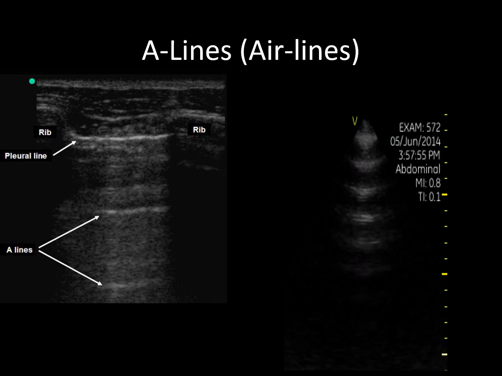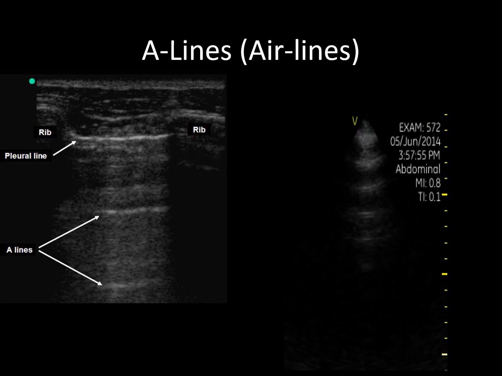A-lines are horizontal repetitions of the pleural line at precise distances. These artifacts signify air deep to the pleural line. They can represent normal lung, the lungs of patients with airways diseases such as asthma or COPD, or pneumothorax. The pleural air interface is a strong reflector of ultrasound beams. To the ultrasound machine, time is distance.